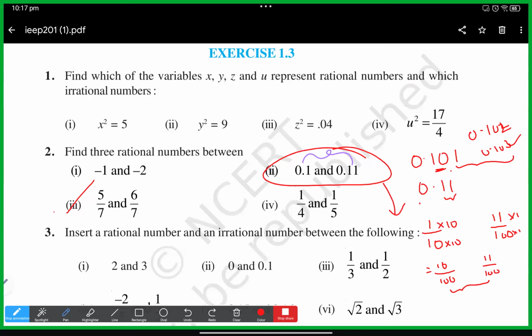We don't have many integers in between, so we multiply by 10 one more time, so 100 by 1000 and 110 by 1000. So in between 100 to 110, we have 10 numbers.